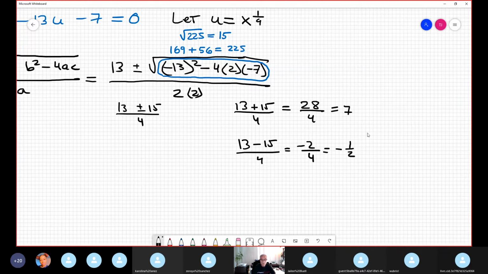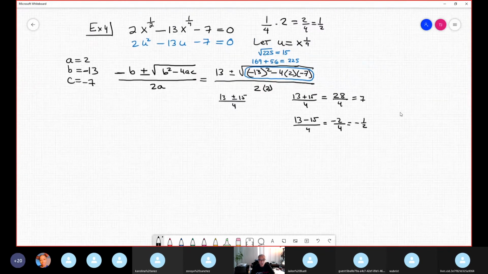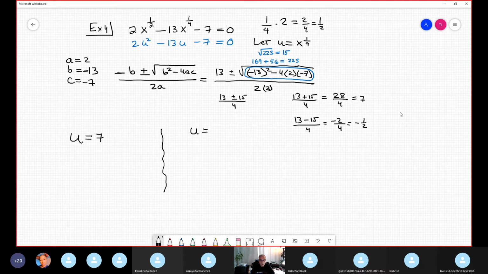Okay, now, as I always did before, you split the paper in two parts. u equals 7 and u equals negative 1/2. But who is u? Well, look, u is this expression, x to the 1/4.